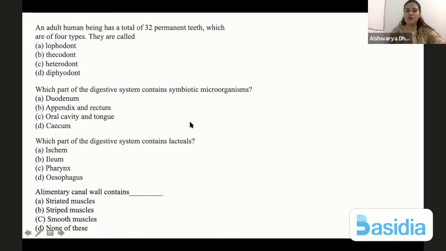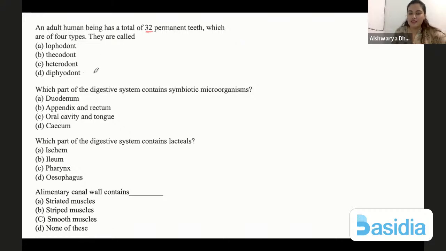We are just going to go through the questions for whatever we've done till now. The first question: an adult human being has a total of 32 permanent teeth, which are of 4 types. What is this called? Lophodont, thecodont, heterodont, diphyodont.